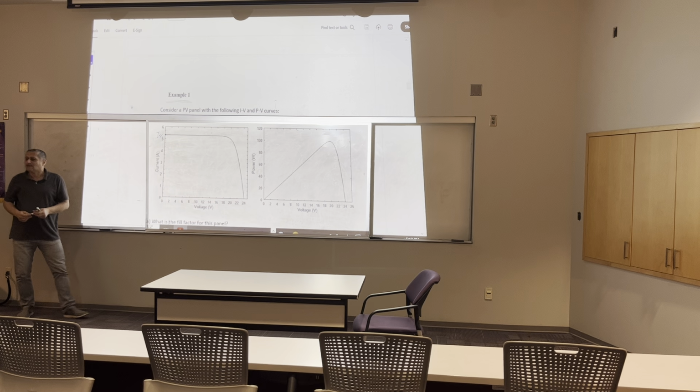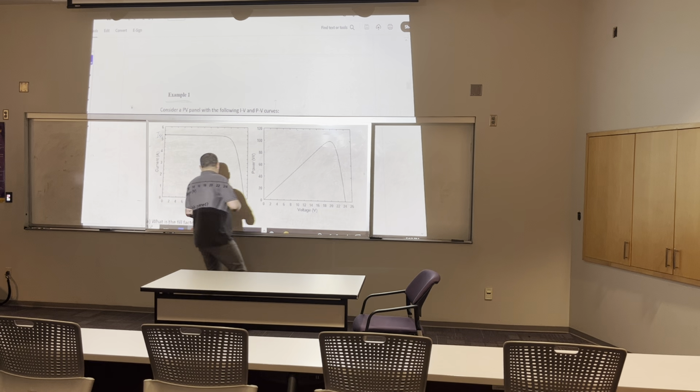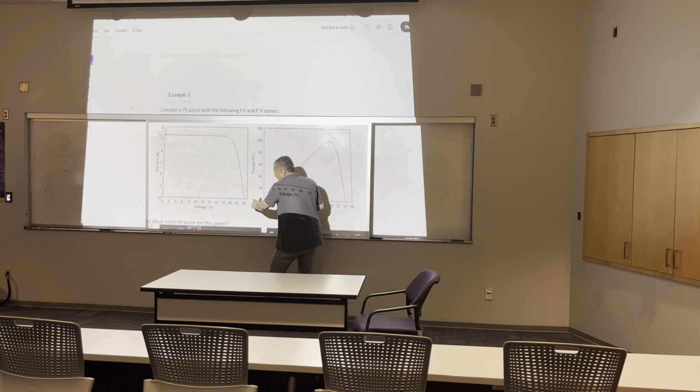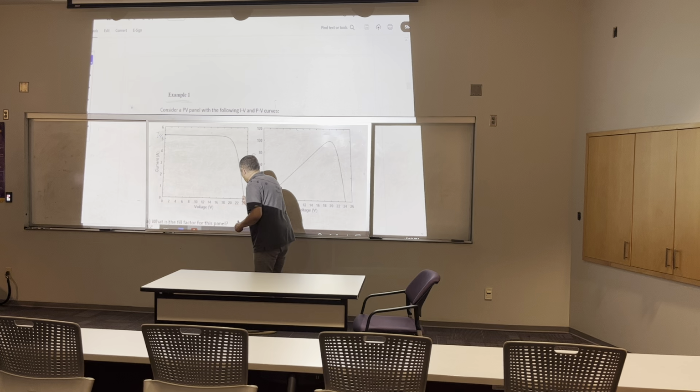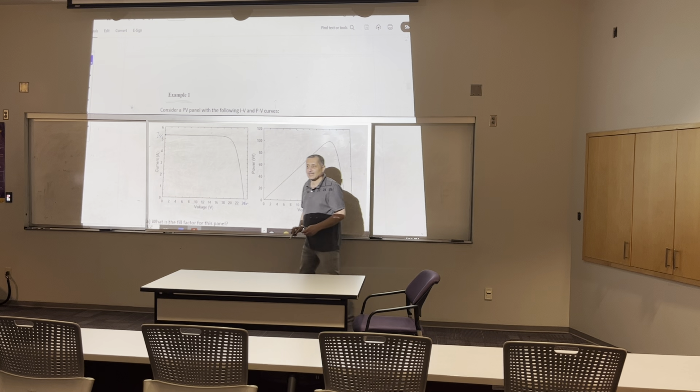And if I equals 0, what does it mean? Open circuit, right? I equals 0 on this axis, so this point is I open circuit, equal to 0, and here is V open circuit.